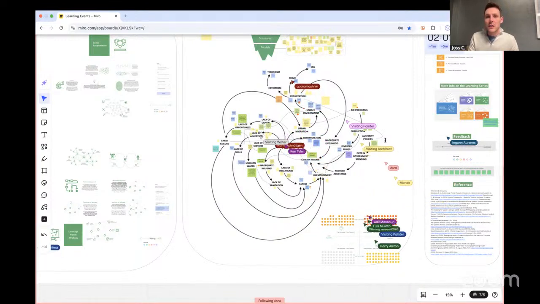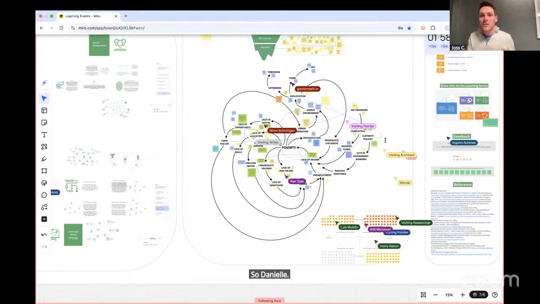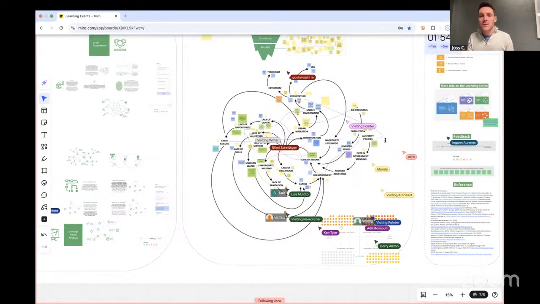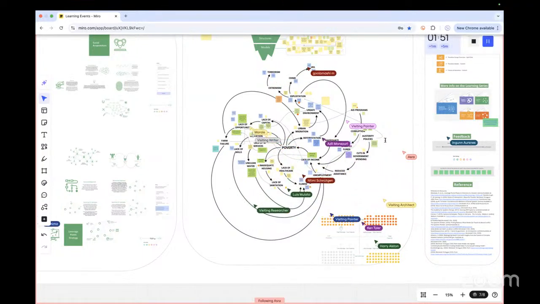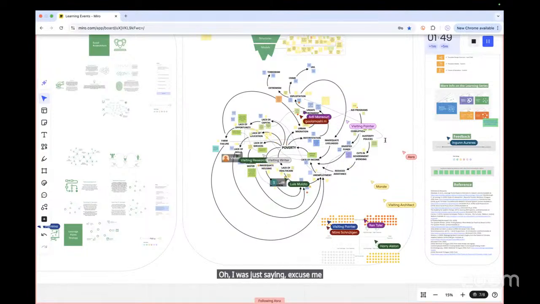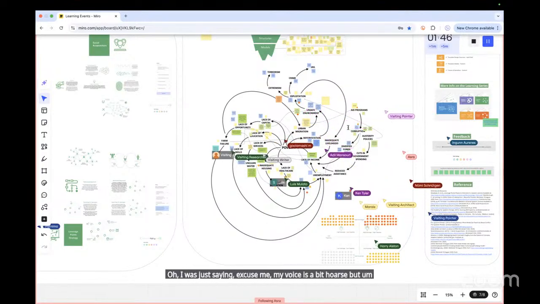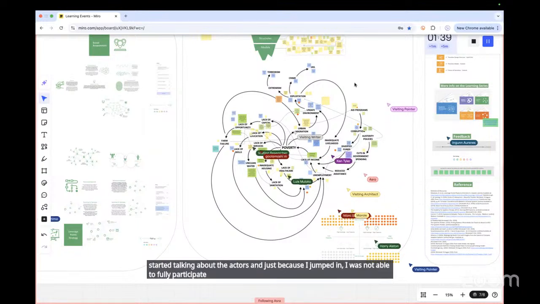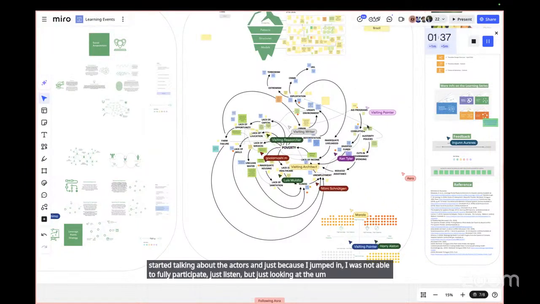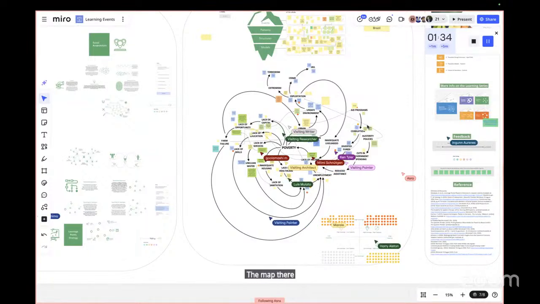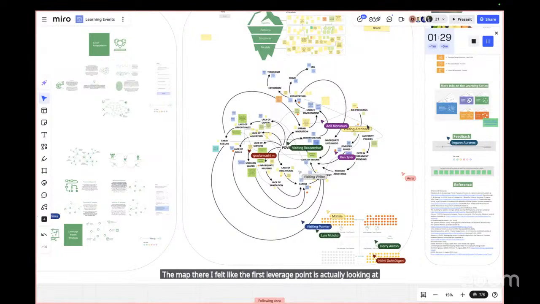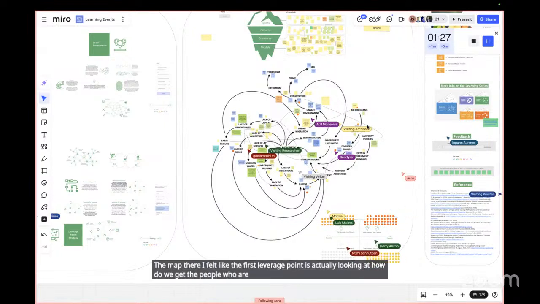So Danielle, do you want to speak that one out? Excuse me, my voice is a bit hoarse, but before you started talking about the actors, and just because I jumped in, I was not able to fully participate, just listen. But looking at the map there, I felt like the first leverage point is actually looking at how do we get the people who are the champions of these various things together?